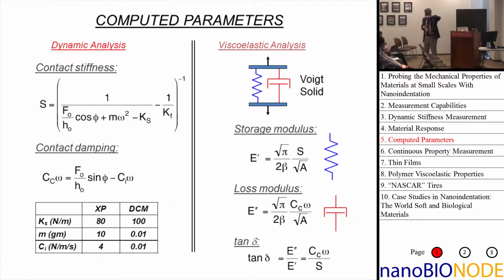But if this is a single degree of freedom harmonic oscillator, then all you end up with is an extra component on top of this, which is the stiffness and damping of the contact, modeled in a model I had back in one of the previous slides.